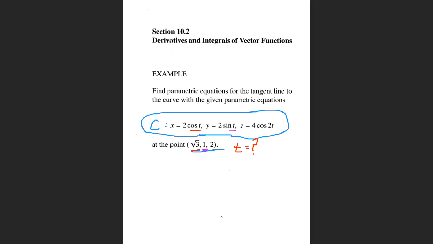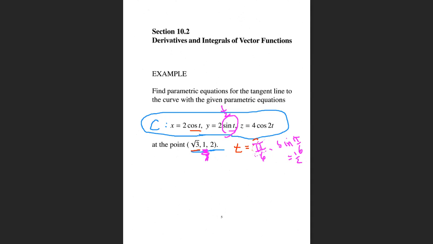The y component is 1, so that means the sine of t would have to equal 1/2. Yeah, when t is pi over 6 or 30 degrees, the sine of pi over 6 is equal to a half.